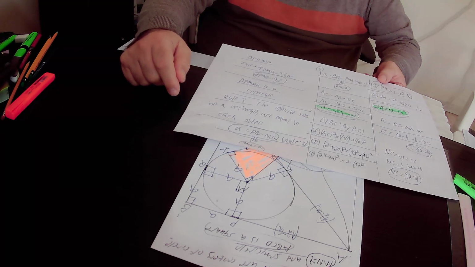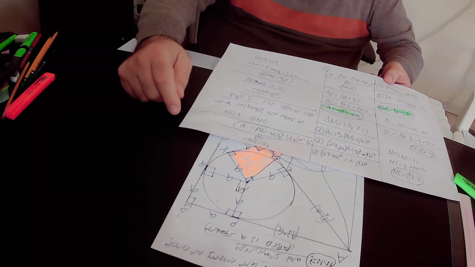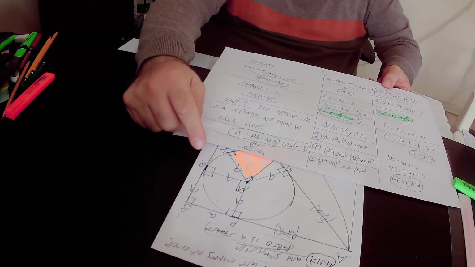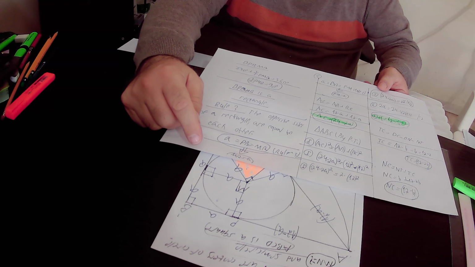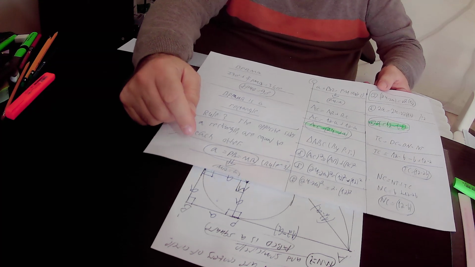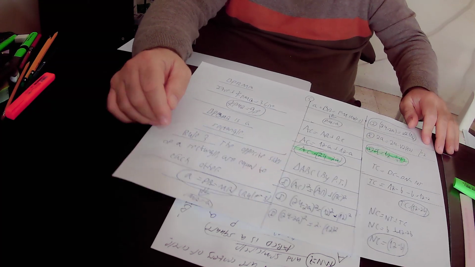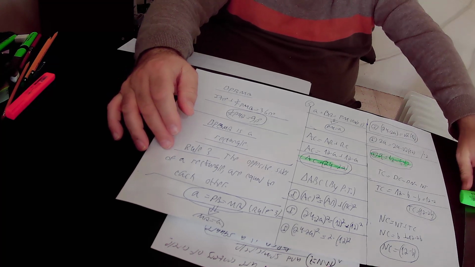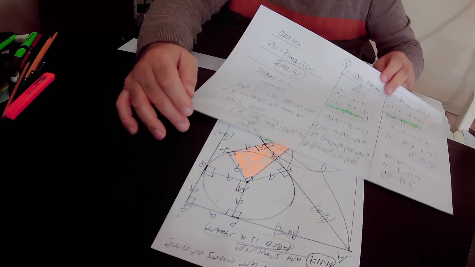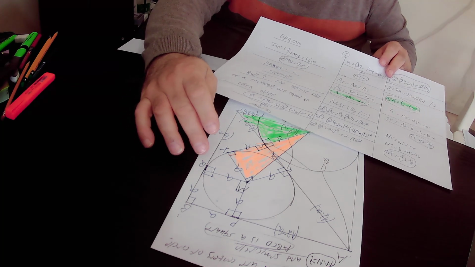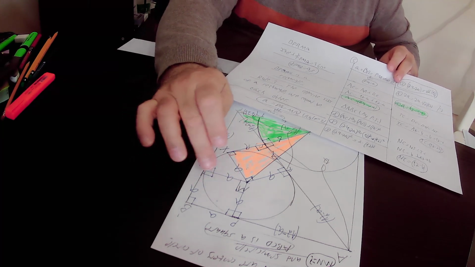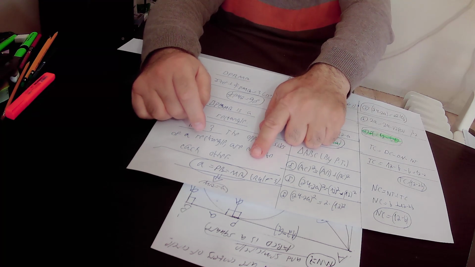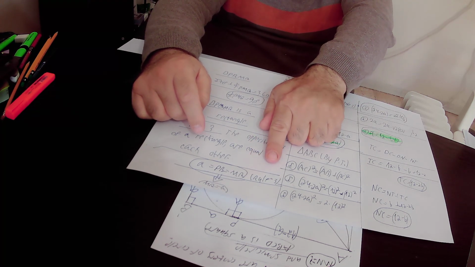So quadrilateral PBMQ, which has 4 right angles, must be at least a rectangle. And we have rule number 3, which says that the opposite sides of a rectangle are equal to each other. So here the opposite sides of rectangle PB and MQ are equal to each other, that is to say PB is equal to MQ according to rule number 3.